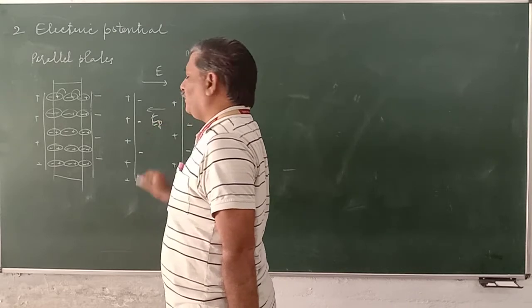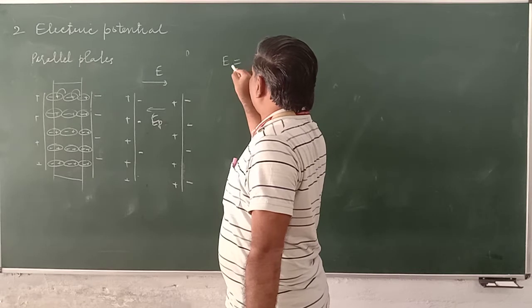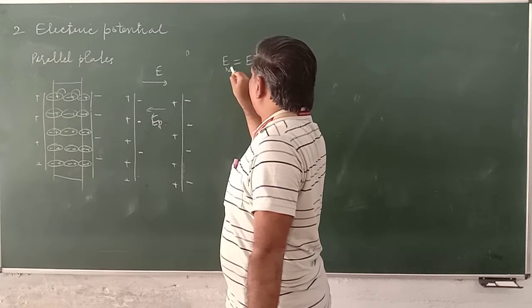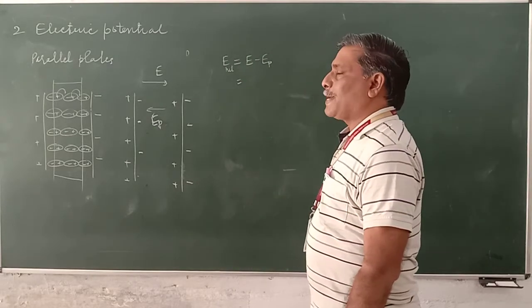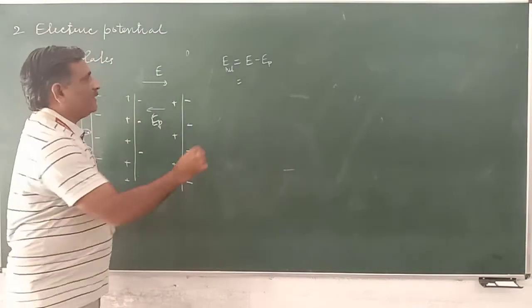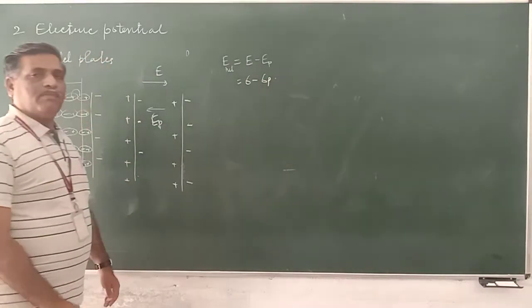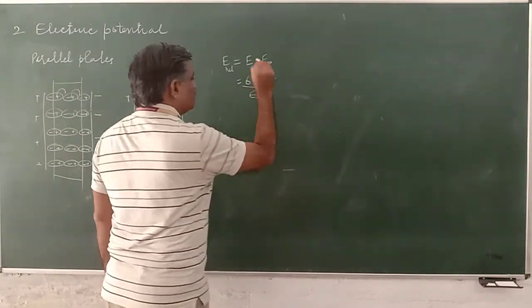So the net field inside is E minus EP, which is equal to the surface charge density, sigma minus sigma P, divided by epsilon 0.